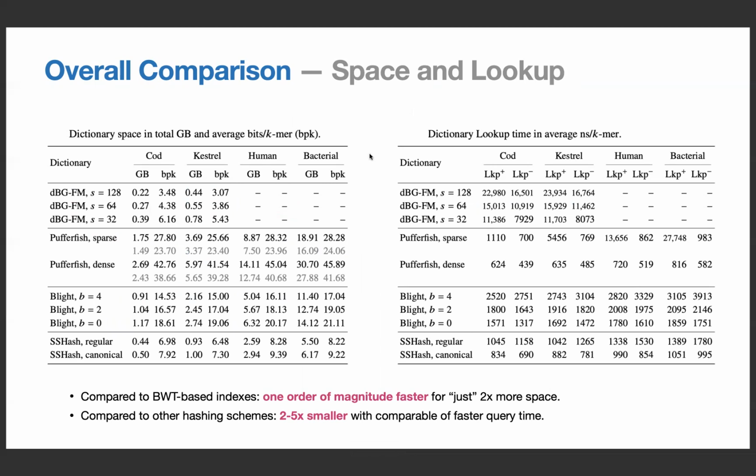You can actually see, without going through each line, that our solution, SSH, is more or less one order of magnitude faster than the FM index, for just sometimes 2 times more space. Instead, compared to other schemes based on hashing, we are between 2 and even 5 times smaller in space, with comparable or even faster query time.